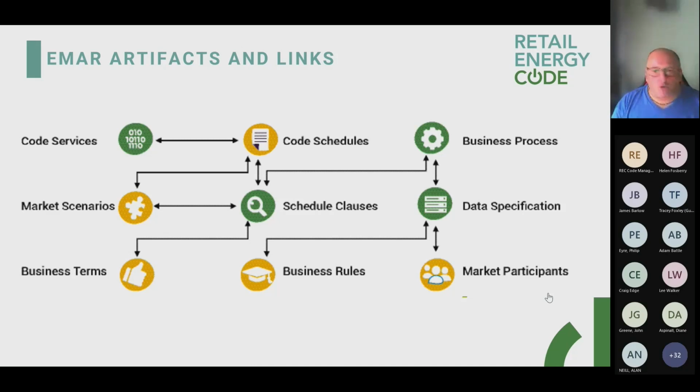And then the last one that you've got in there is your market participants. These are the responsible parties: who is it, where is it, what are they doing, and how do they work? That's what all the bits within the EMAR are designed to do and how they're designed to work together.